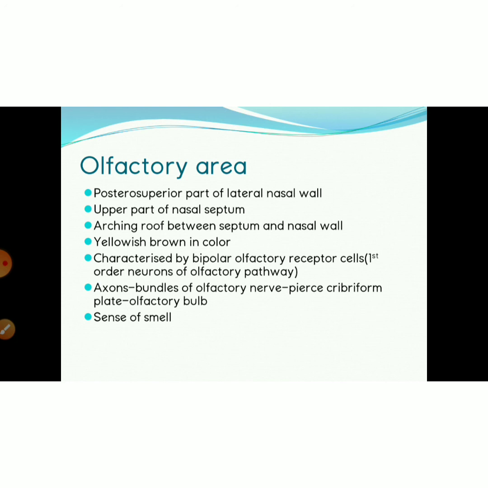It is yellowish brown in color and is characterized by bipolar olfactory receptor cells. They form the first order neurons in the olfactory pathway. The axons of these receptor cells gather to form bundles of olfactory nerve which pierce the cribriform plate of the ethmoid to end in the olfactory bulb, and this olfactory mucosa is important for the sense of smell.